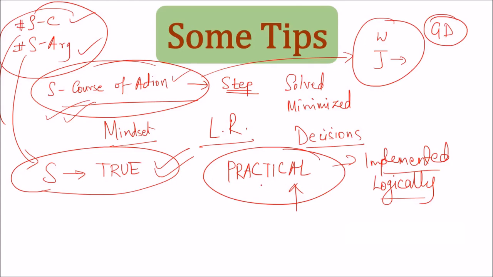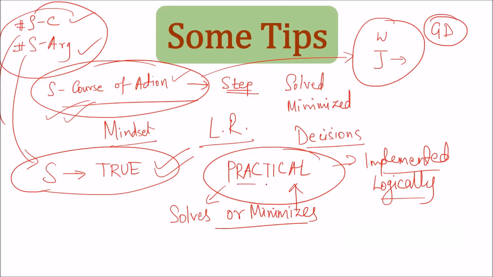So you should not select such options. Always select practical actions. Now, what is the other meaning of practical? Sometimes practical actions may not solve your problem. So always choose a practical option which solves your problem or minimizes the problem. The solution you are choosing should either solve your problem or minimize the problem.